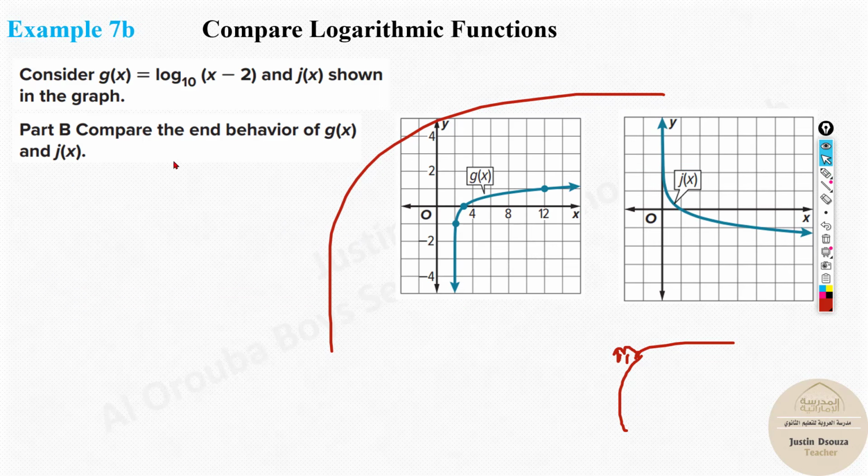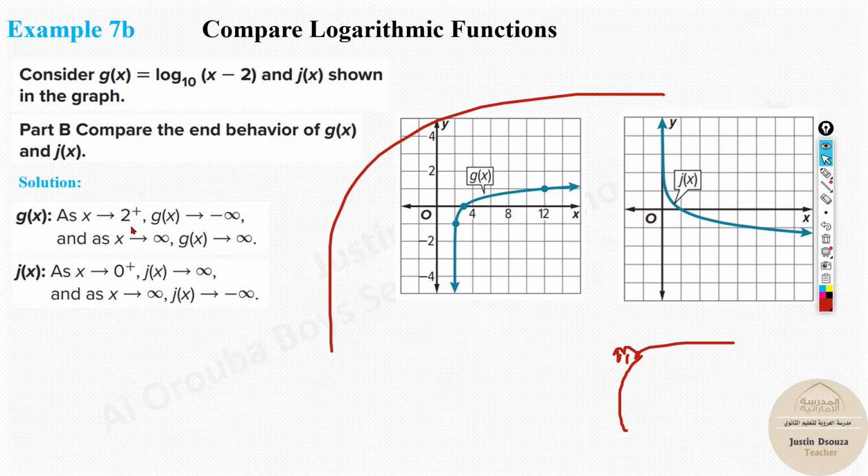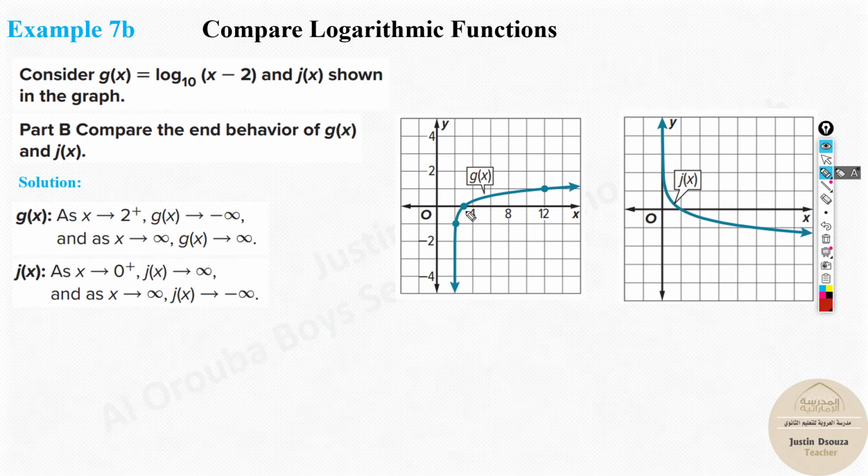And then we need to compare these both graphs. What you can compare is end behavior. See what happens when x tends to positive infinity. It is going towards infinity.